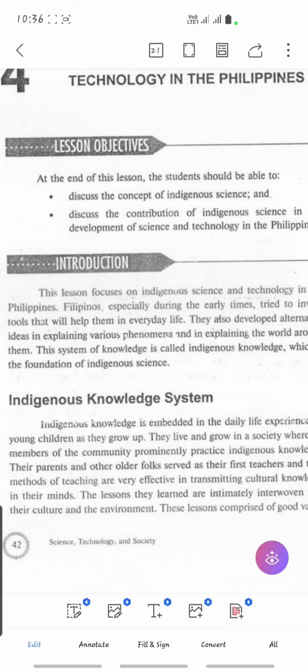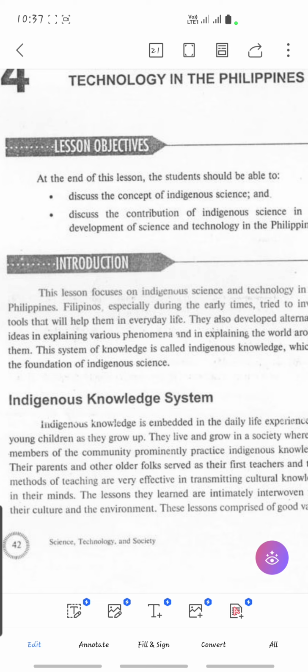Why? Because IKS is a basis of how the earth started, since it is traditional knowledge, more explained through the knowledge of your culture. That's why it's called traditional culture.